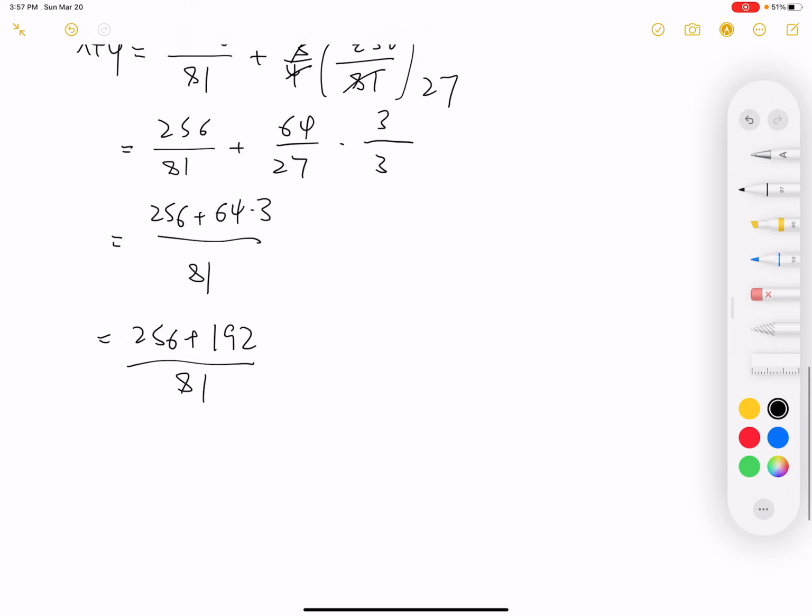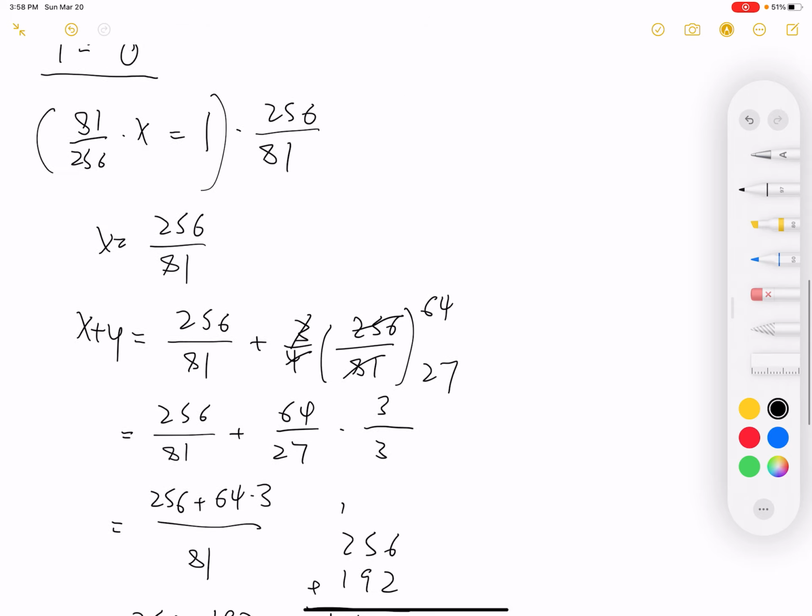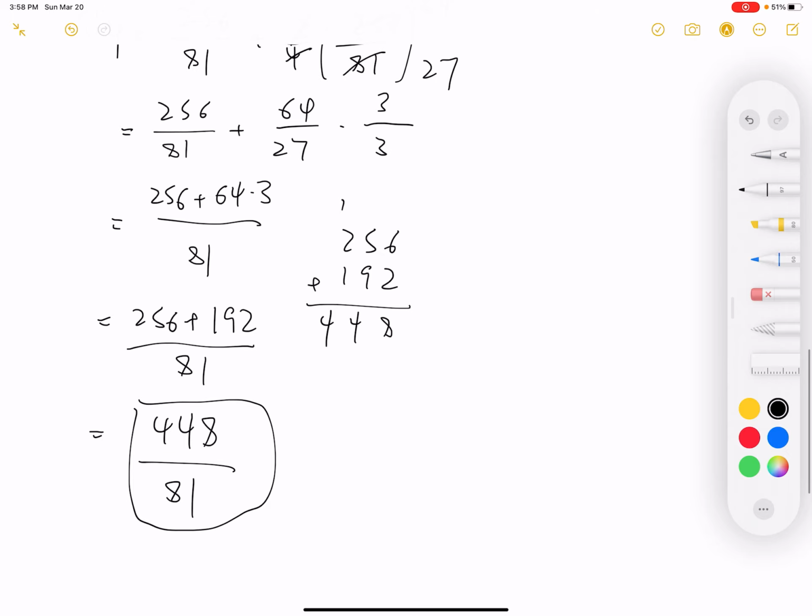So finally, our answer is 256 plus 192 over 81, which is 448 divided by 81. And now, this is the answer to what's x plus y.